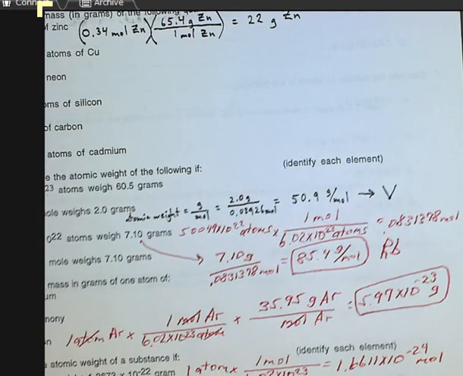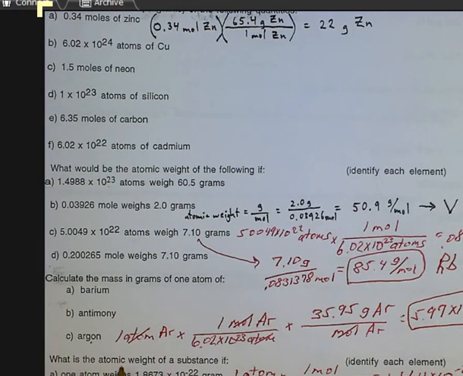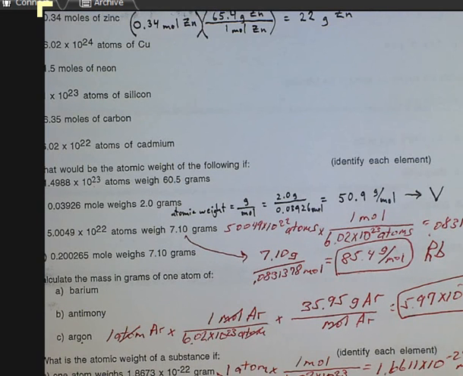So now in order to find atomic weight, we're going to take this number of grams that we're given, and you're always going to be given the grams, 1.8673 times 10 to the minus 22nd grams, and we're going to divide it by the number of moles. So we get units of grams per mole.